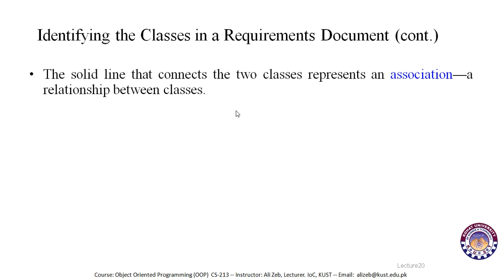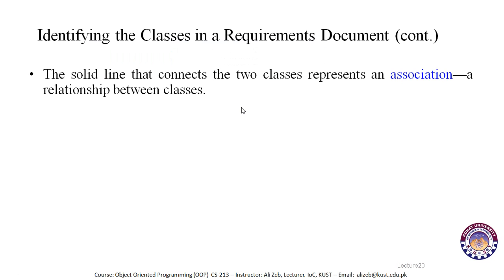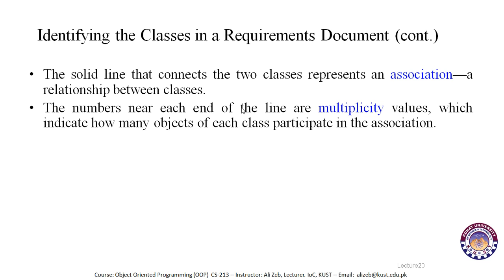The solid line that connects the two classes represents an association, that is a relationship between classes. The numbers near each end of the line are multiplicity values, which indicate how many objects of each class participate in the association.